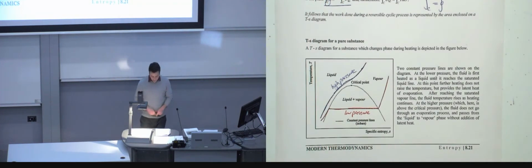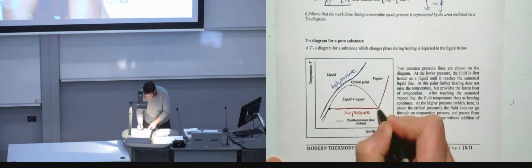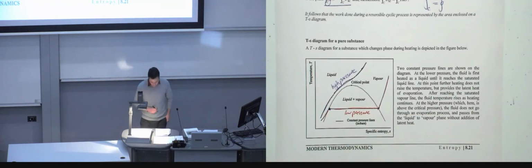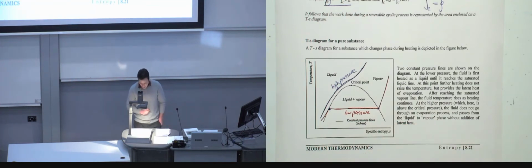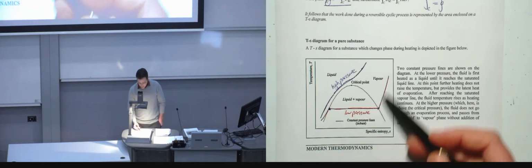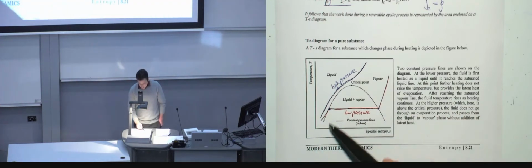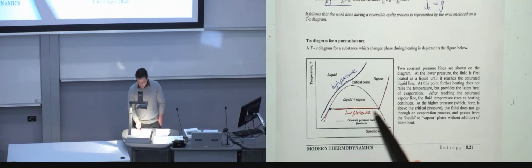Thinking about the low pressure one, which I think is more relevant to what we've been doing so far in terms of going through these phases, you can see we've got 2 key points in here and here. This is the saturated liquid point. This is the saturated vapor point. And what happens is that as the flow goes through the low pressure cycle, first of all it becomes saturated. Then you get to this stage.